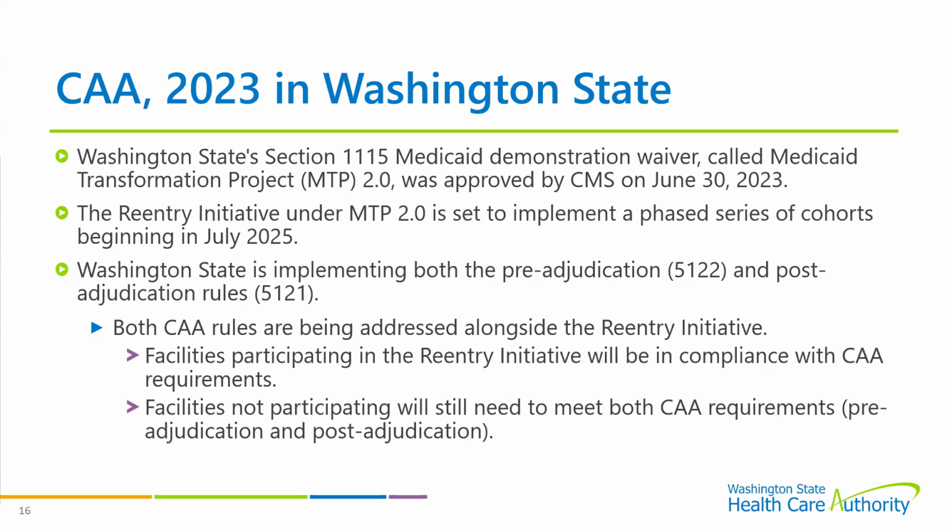Facilities participating in the Reentry Initiative will be in compliance with CAA requirements. Facilities that are not participating will still need to meet both CAA requirements, pre-adjudication and post-adjudication. Next slide, please.